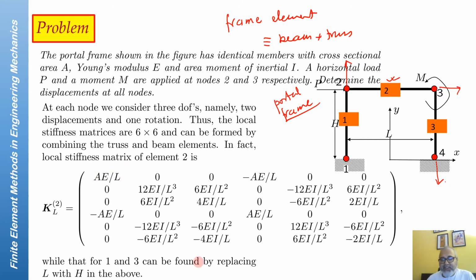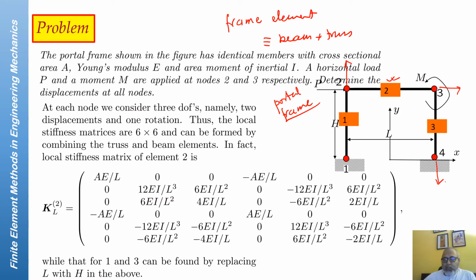So it's 6 cross 6 with 3 degrees of freedom per node. Now, to get the local stiffness matrices in the local coordinate systems for elements 1 and 3, I will just have to replace this L by H. The rest of the thing will remain the same, given that AE and EI are same for all the 3 elements. If they were not the same, then I have to take the appropriate values of AE for each element.